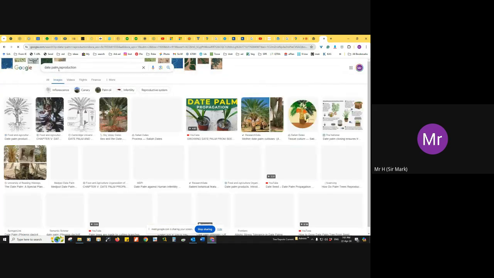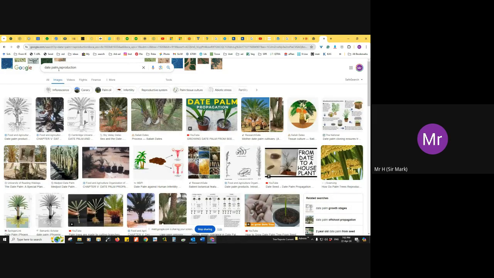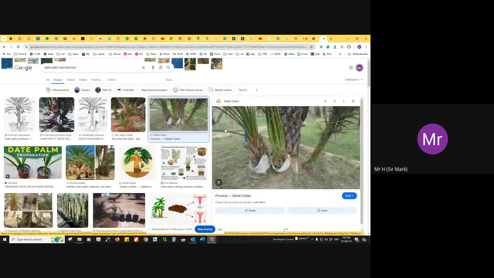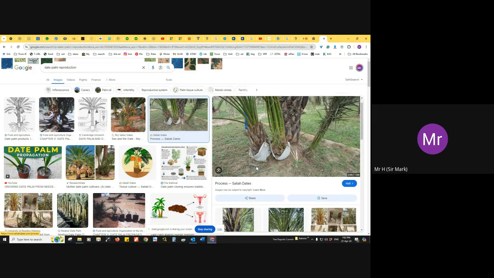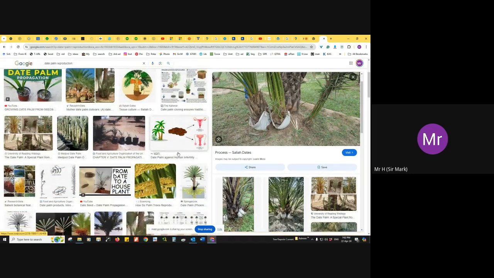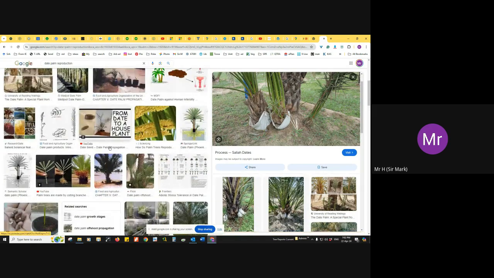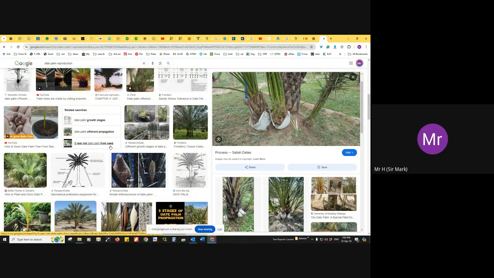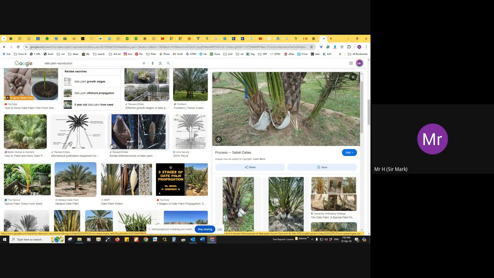And so he is using tissue culture vegetation. But they take these little offshoots here at the base of the palm and cut them off. And oftentimes with no roots on them at all, they're just pulled off and they're allowed to do their merry way. So pretty neat when you think about it.